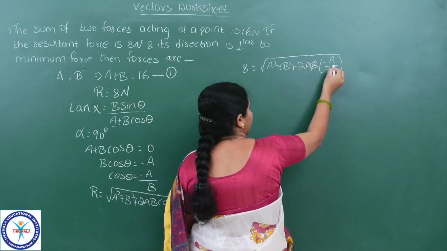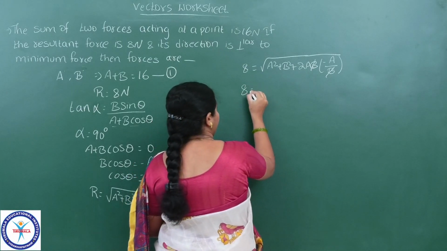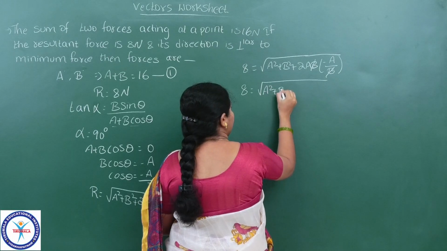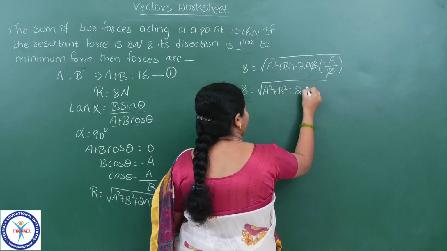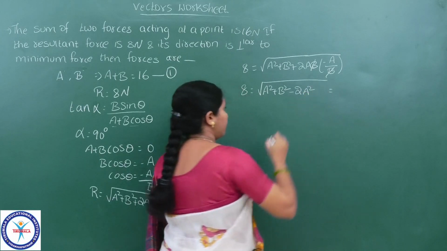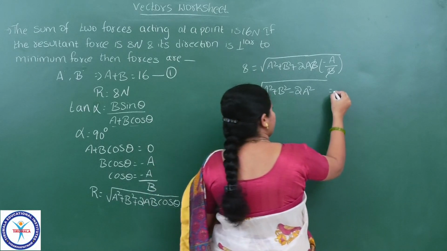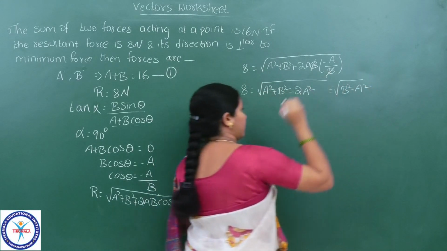Now B and B get cancelled. So we get 8 equal to square root of A square plus B square plus into minus minus 2A square. So we get A square minus 2A square is minus A square. So square root of B square minus A square.